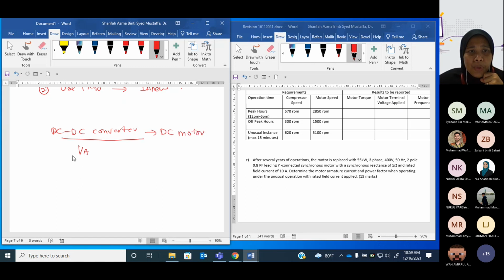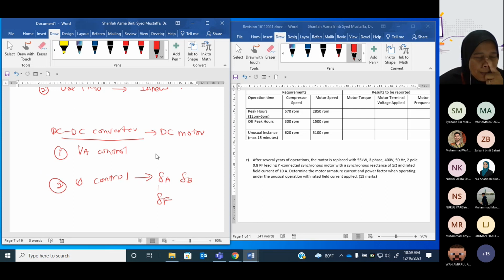You ada VA control, kan? And you ada flux control. Ingat lagi tak ni? So for flux control, nanti you akan kena calculate del A, del B and also del F.